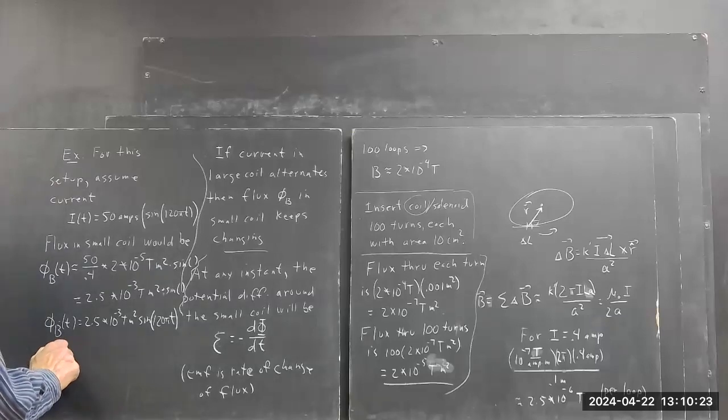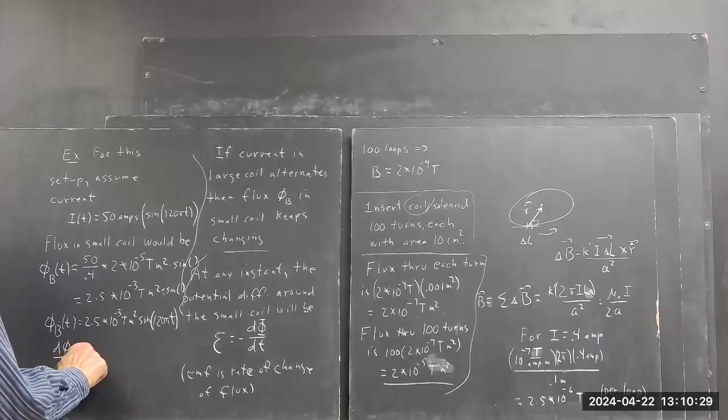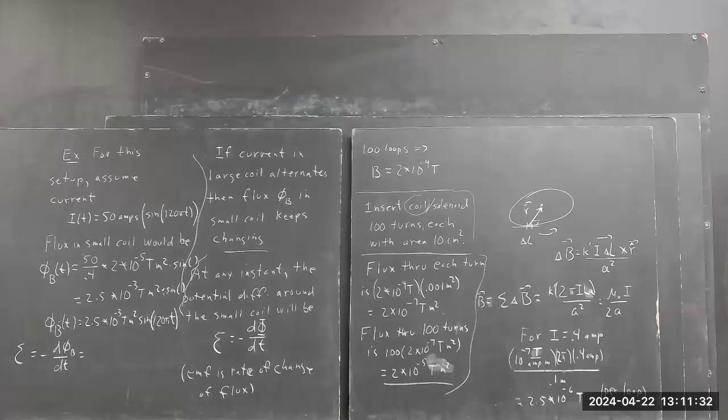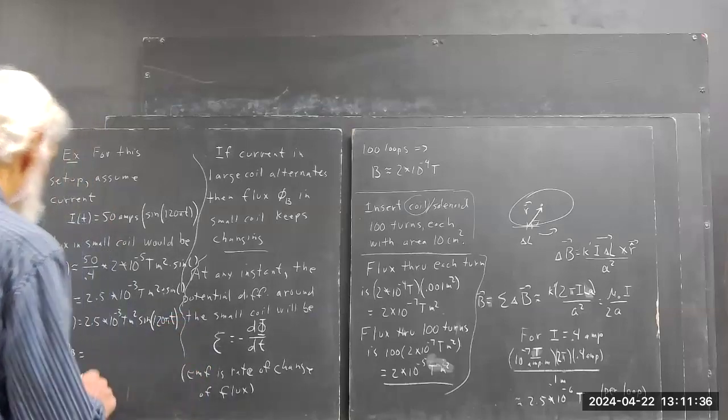Okay, so now what's d phi dt? The EMF is the negative of d phi dt, the negative rate of change of flux. Okay, well, this is a common and more or less trivial derivative, but let's just write it out.